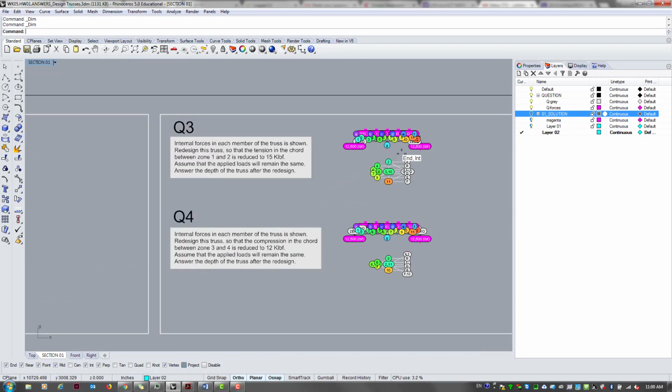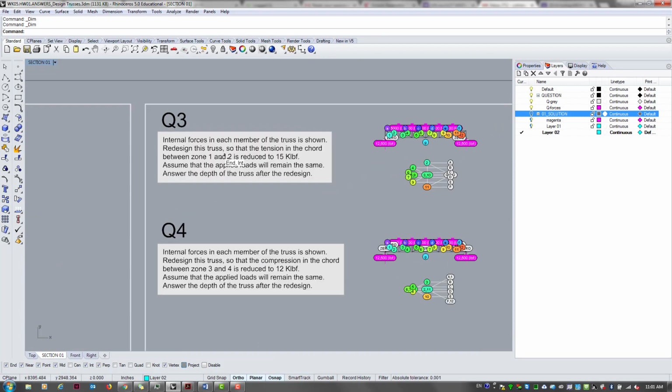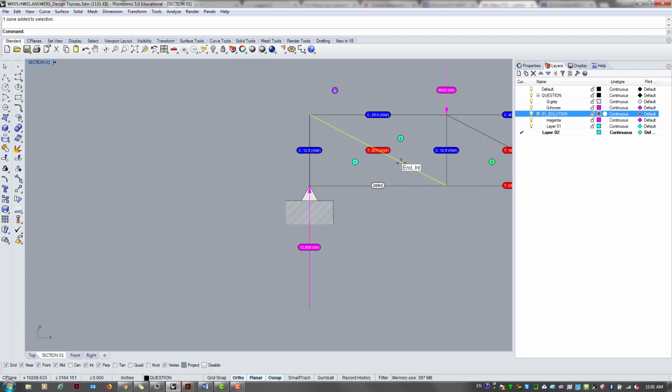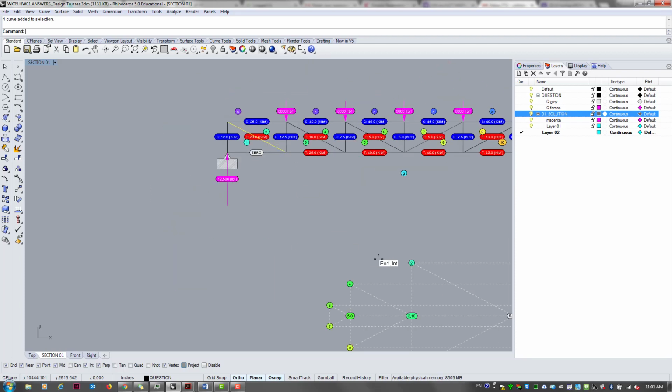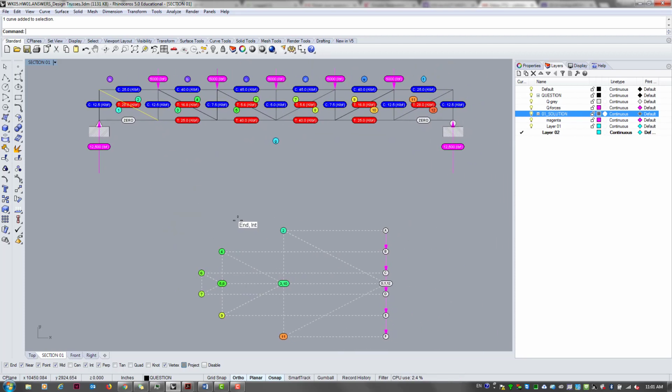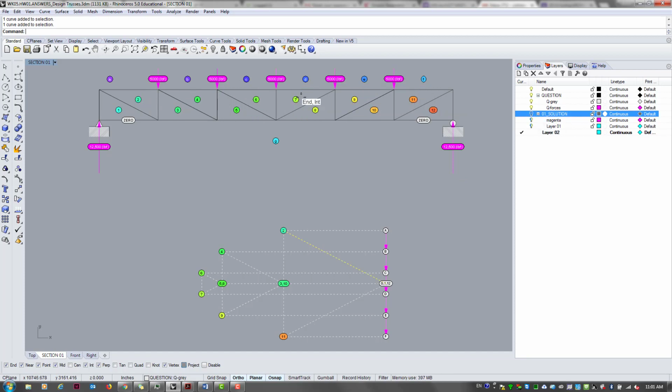Question 3 might be slightly tricky because now I'm asking force 1, 2 to be 15K. Currently 1, 2, that is 28. So it's just a little bit tricky where to draw that circle. So basically, let's say if you do a linear dimension, pick the fourth one, aligned dimension.